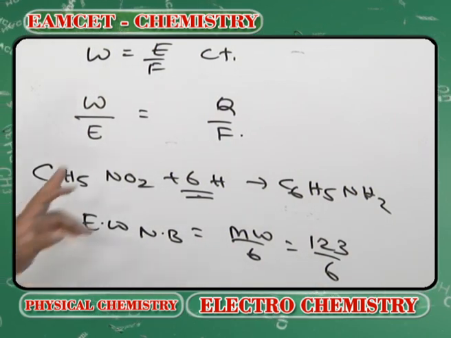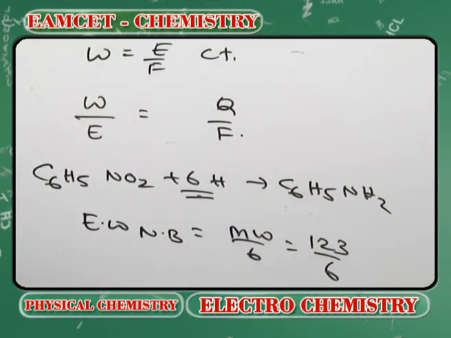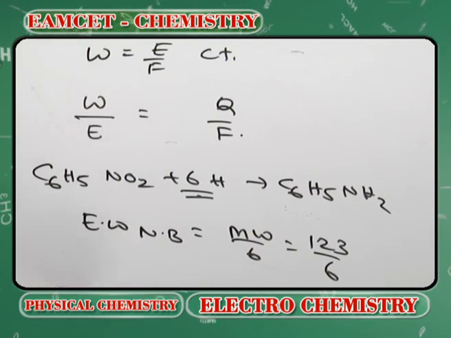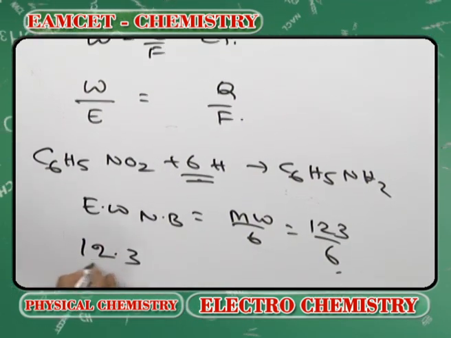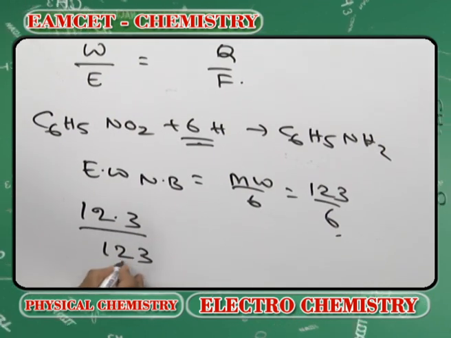Now, here the current is not working at full efficiency. What is the weight given? 12.3, divided by 123 by 6.